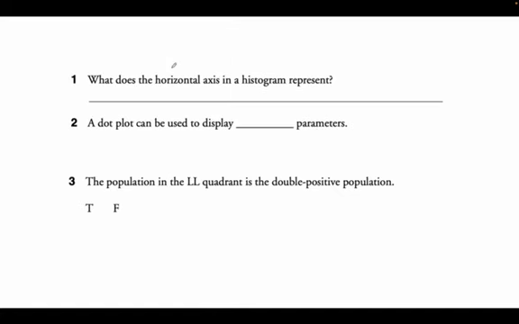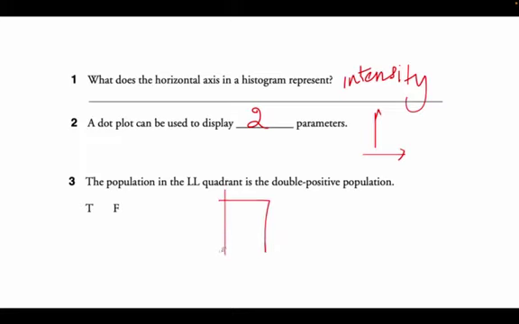Okay. Few more questions. What does the horizontal axis in a histogram represent? It represents intensity. A dot plot can be used to display 2 parameters, right? So you have one on the x-axis and one on the y-axis. The population in the lower left quadrant is the double positive population.